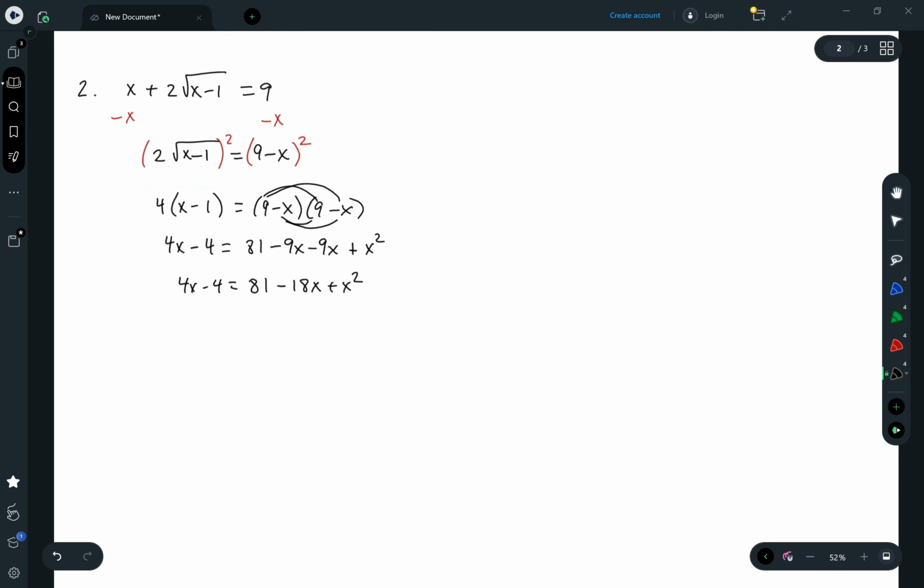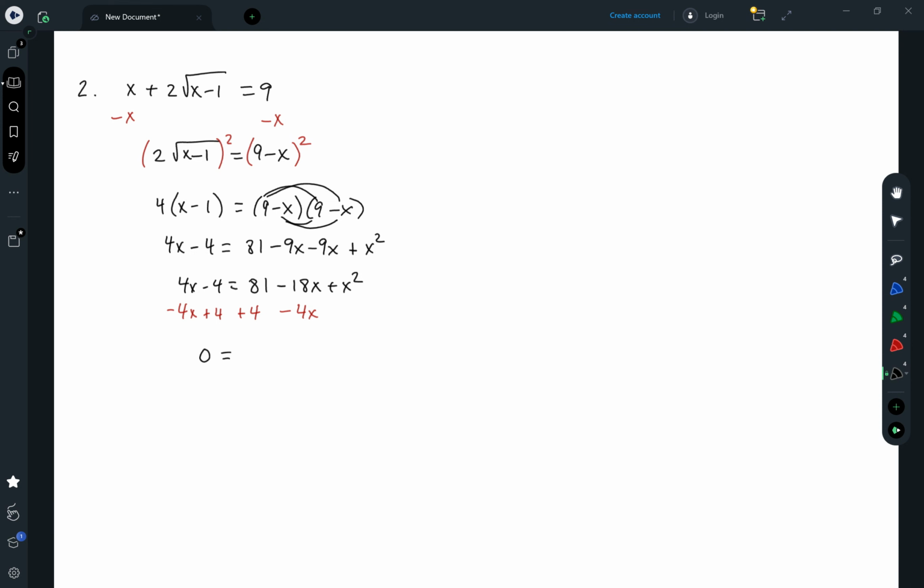We can see here that we have a quadratic equation that we need to solve. In solving a quadratic equation, we generally try to keep the x squared positive. So let's move everything from the left side over to the right side of the equation. We'll subtract 4x from both sides, and I'm going to line it up with the other x term, and add 4. So on the left side, we have 0.